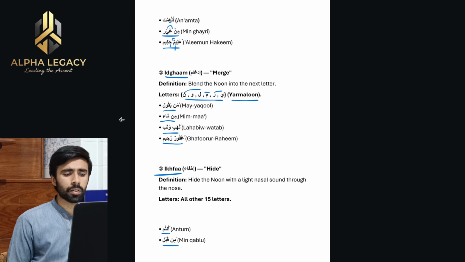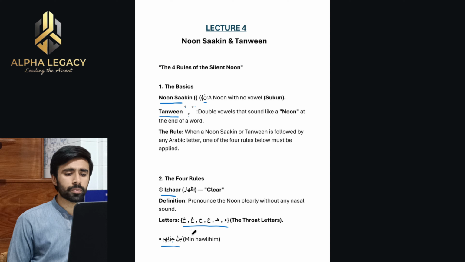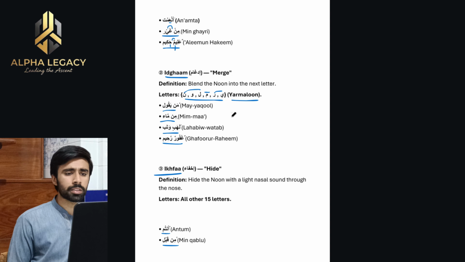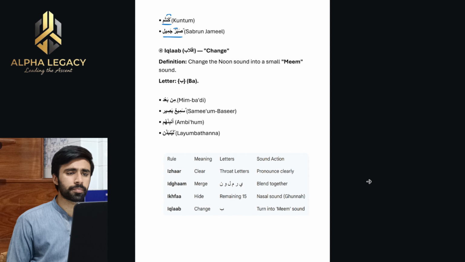So 6 letters of throat and 6 letters of yarmalun. Other than these letters, all other 15 letters perform this rule, which is known as ikhfa. Understand? I repeat, other than the letters of yarmalun and the throat letters, all other 15 letters will perform the third rule, ikhfa.